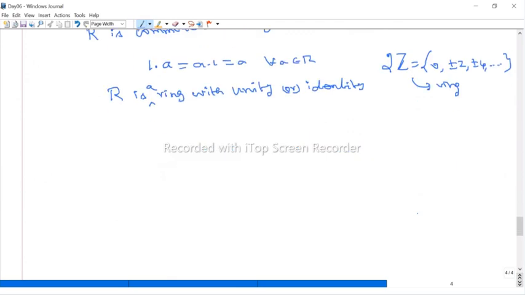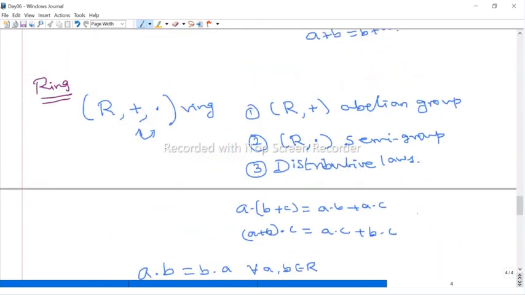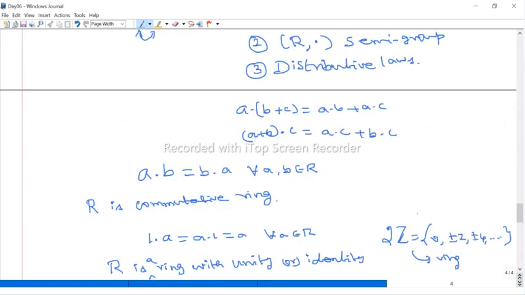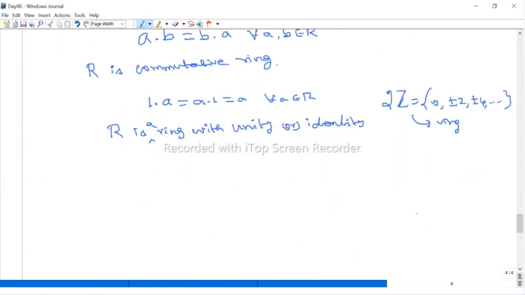Now, the next algebraic structure: a ring said to be an integral domain. Integral domain means that if we take any two non-zero elements, the product should be non-zero.